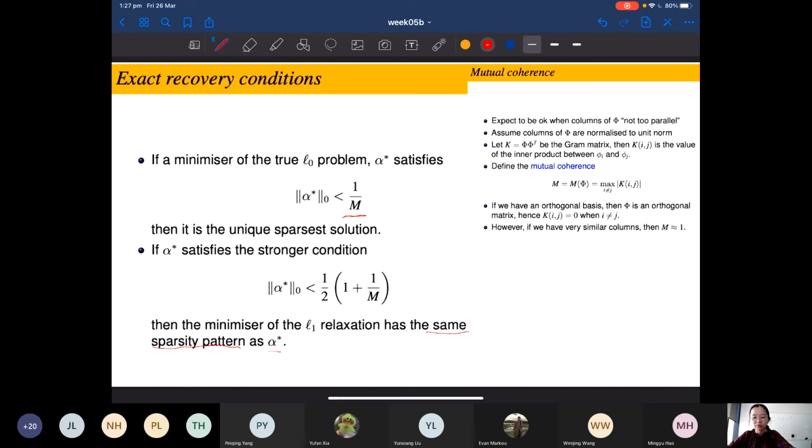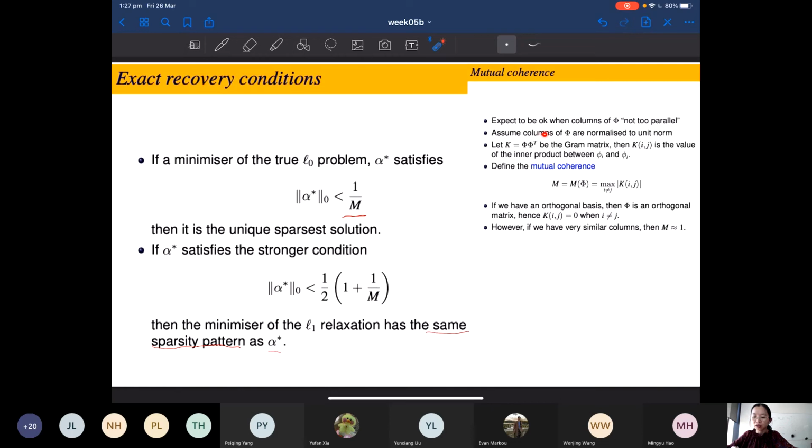And this is related to what's called the mutual coherence condition, where there are a number of other expectations on the structure of the problem, which is that the columns of phi should not be too parallel to each other, not too redundant. They're not orthonormal, but they're still expected to be spread out in the vector space.